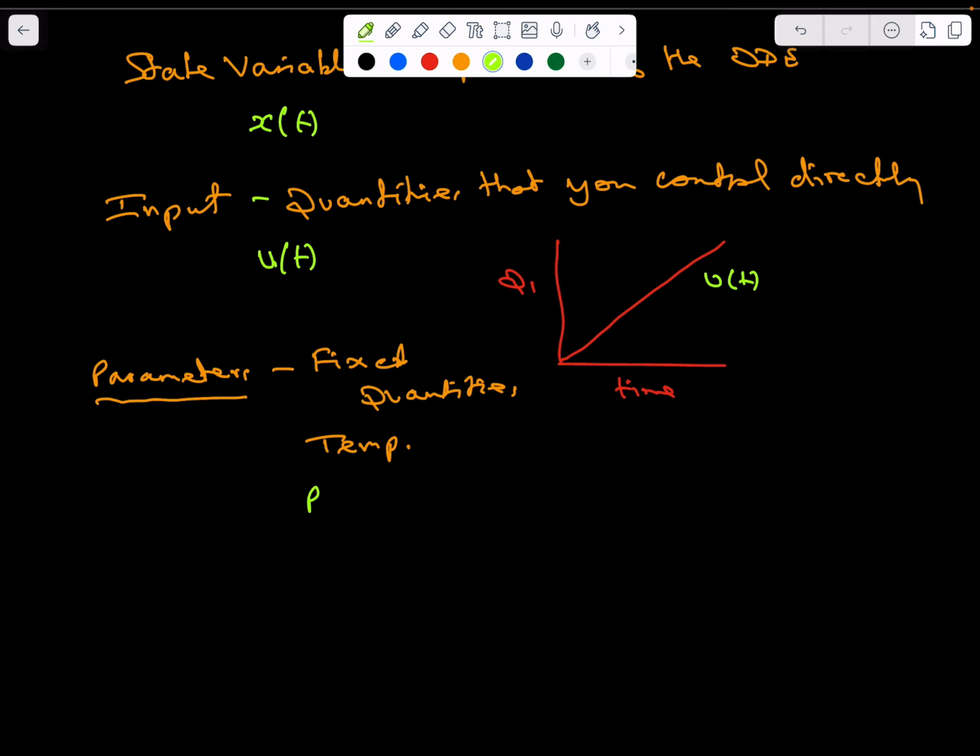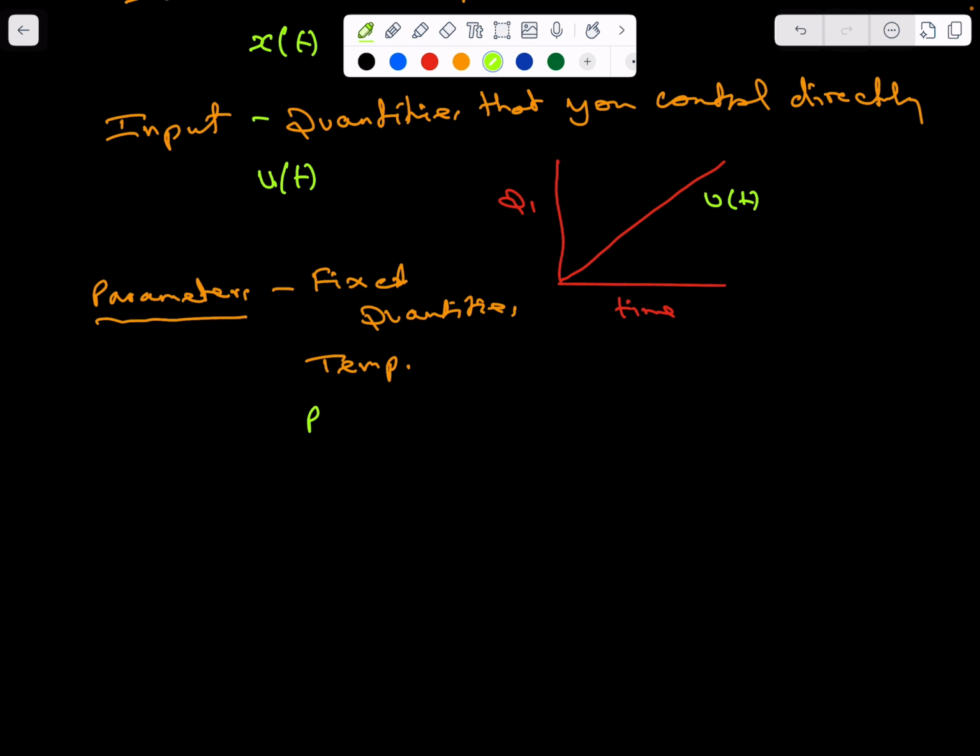All right. Now, there's one other thing that people often also discuss, and we don't really have this in these models, but outputs. These are quantities we actually observe.